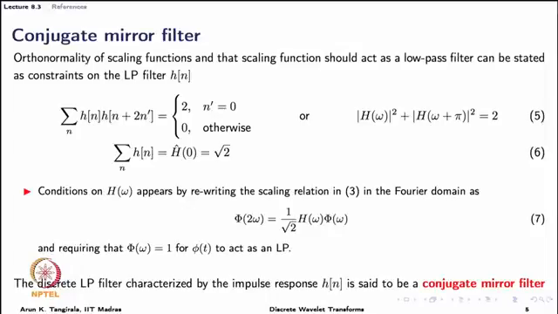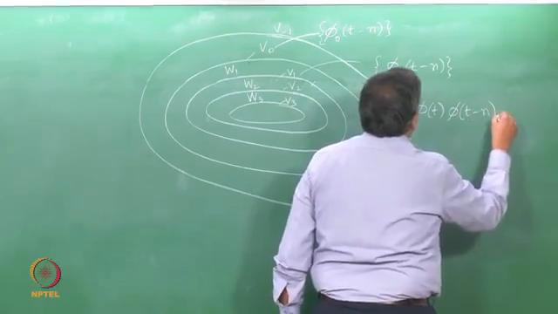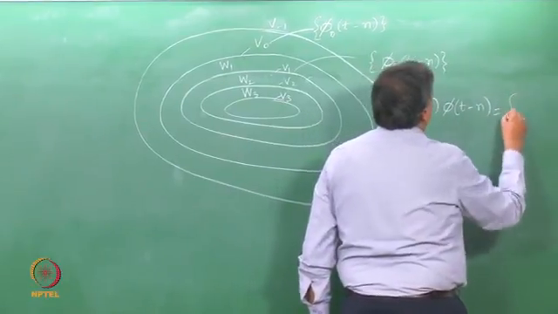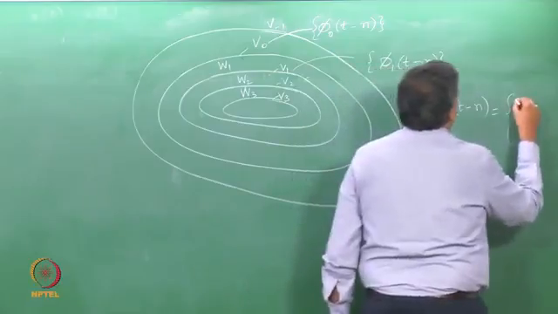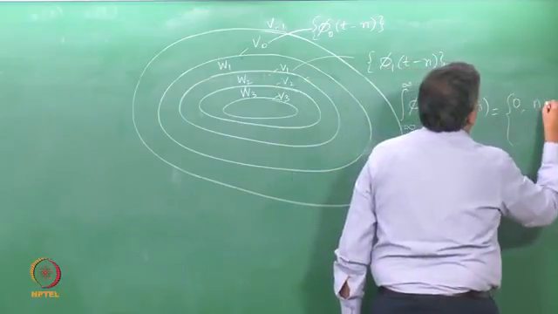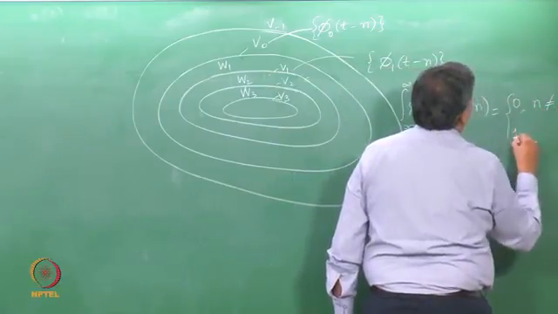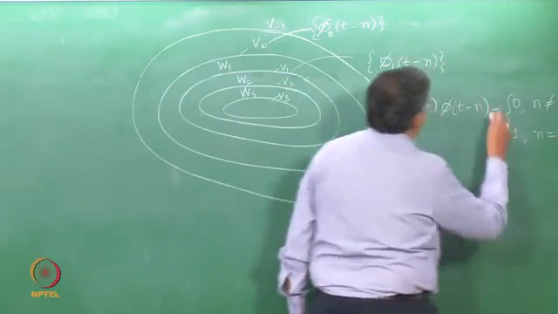So, orthonormality on phi of t at any scale, let us pick V0, would mean this integral from minus infinity to infinity is 0 when n is not equal to 0 and 1 when n equals 0.